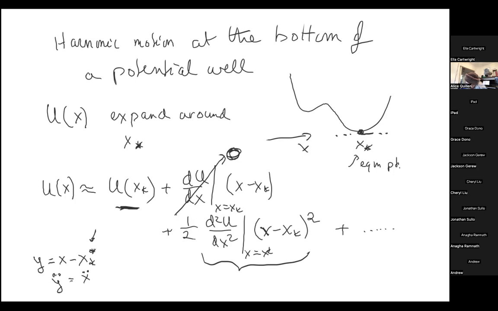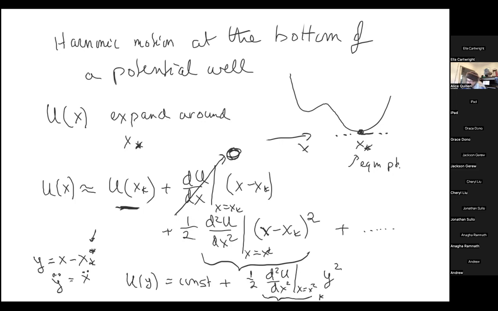And u of y is a constant plus this thing, which is 1/2 d squared u dx squared (I don't want to use partials because we're only working in 1D) at x equals x star, times y squared. So let's call this thing k.